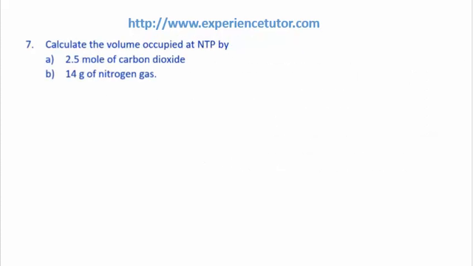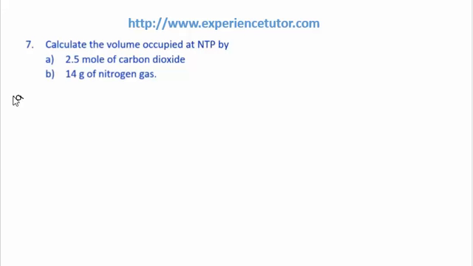Our next question is: calculate the volume occupied at NTP by A, 2.5 moles of carbon dioxide, and B, 14 gram of nitrogen gas. This is also very simple.